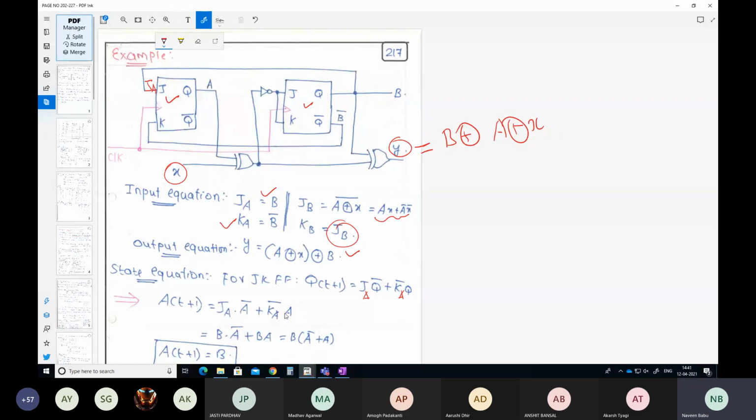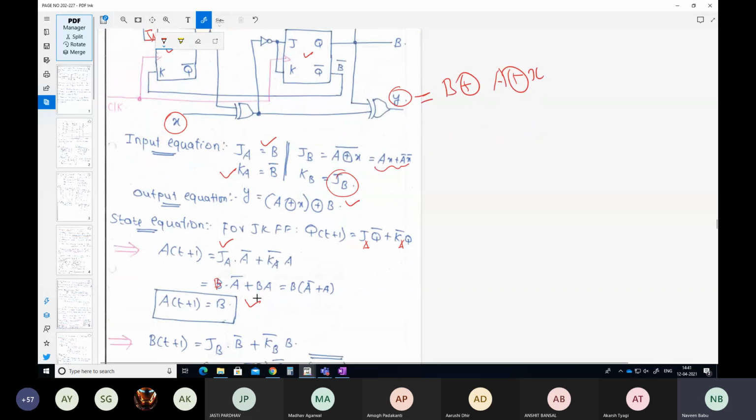Just to simplify this, what is the value of JA here? JA is given as B. So it is replaced as B. And A bar is as it is. And KA bar, which means B bar's complement, which will be B. So simplifying this, you take B outside, it is A bar plus A. So your next state value A of t plus 1 is equal to B.